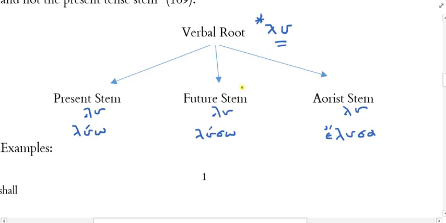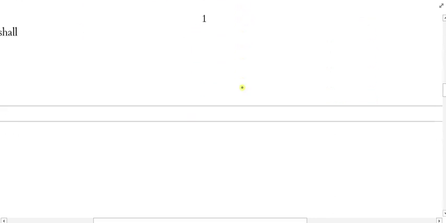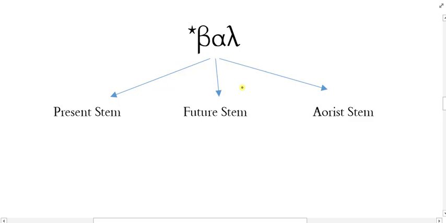Okay? On the other hand, if we go now to this example, we have ball, which means to throw or cast. Okay, it's my idea of casting or throwing. This is the true verbal root of the idea of casting or throwing. Beta, alpha, lambda.